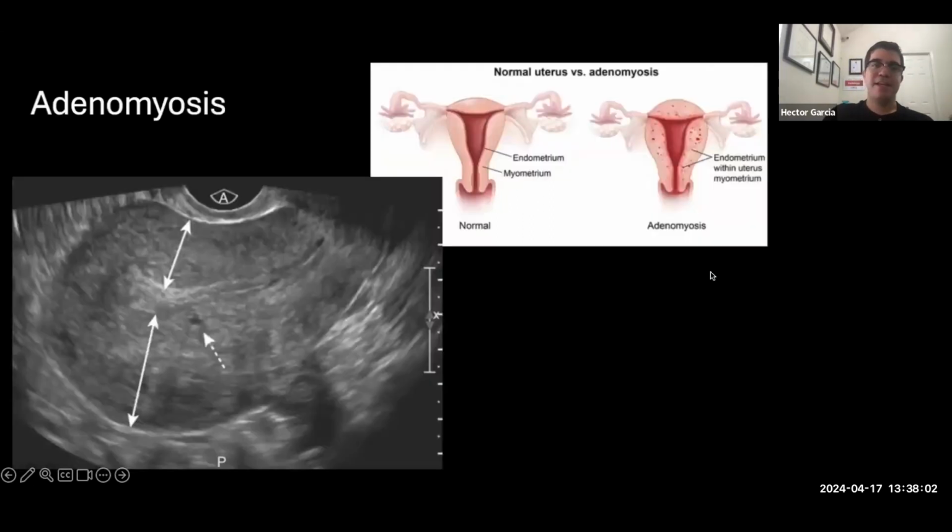Okay. Now, adenomyosis, it's pretty much when endometrial tissue gets deep into the uterus. And then the uterus becomes very globular and bulgy. And when you palpate it, this is the key word: uniformly enlarged uterus.